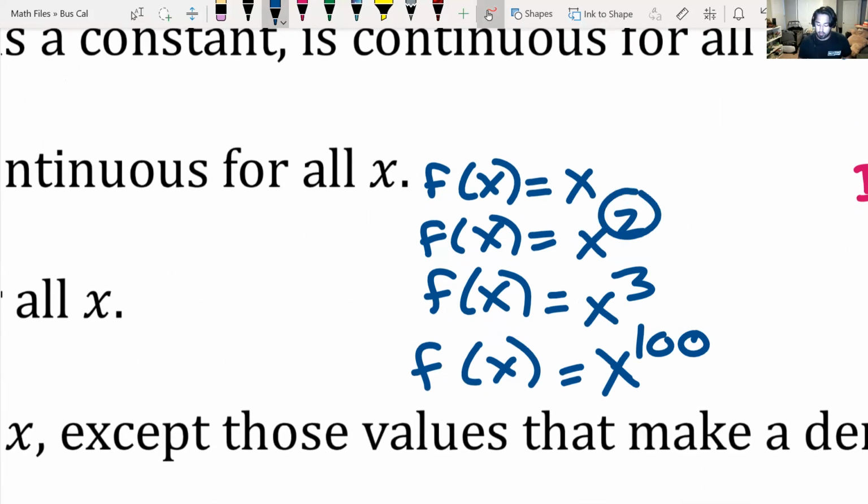And remember the power of that is 1, and no matter what the power, it does not matter.